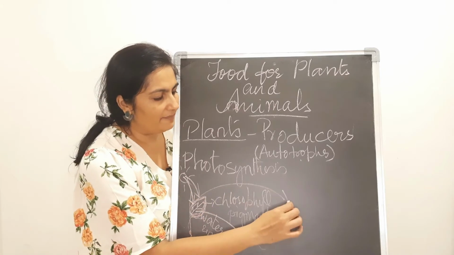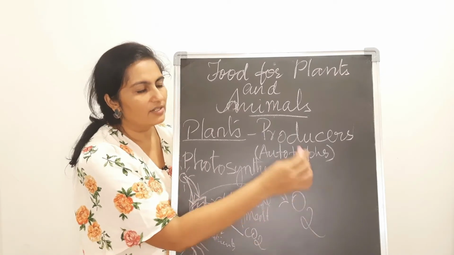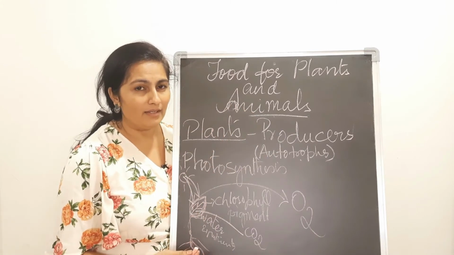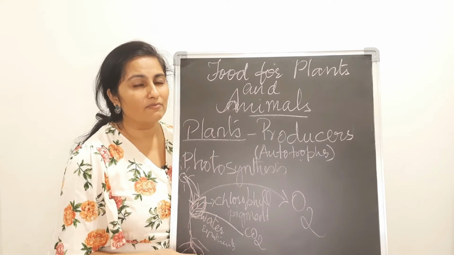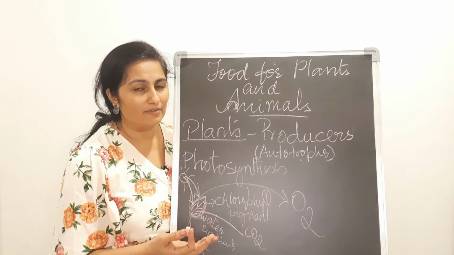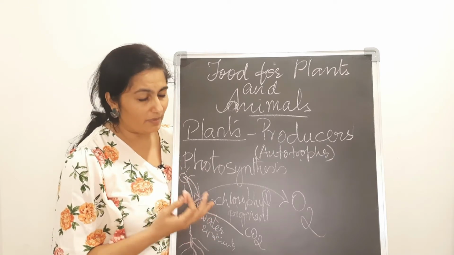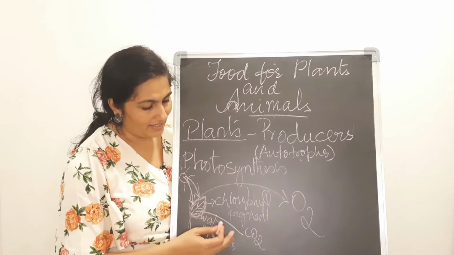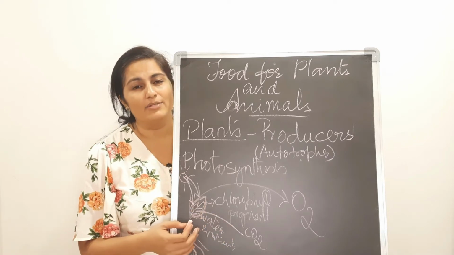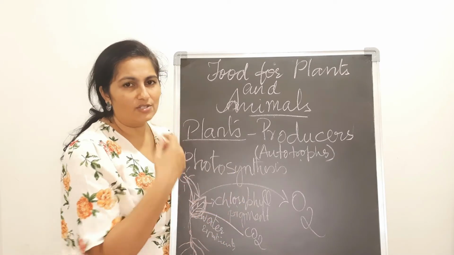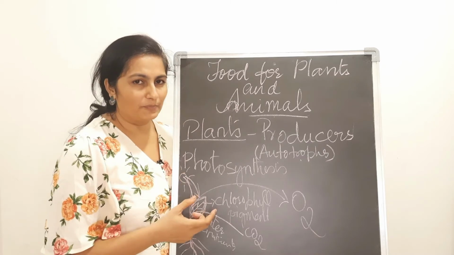That is, it will release oxygen into the atmosphere, which is so very important for all animal and human life. We need oxygen. The plants are so good. They take in the polluted air, that is the carbon dioxide, and let out the oxygen. So this is what the plants do.